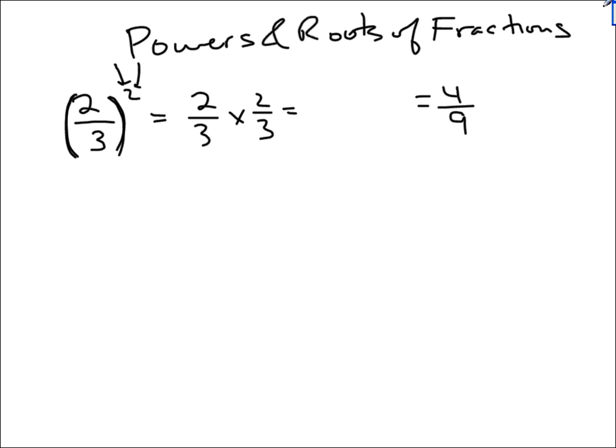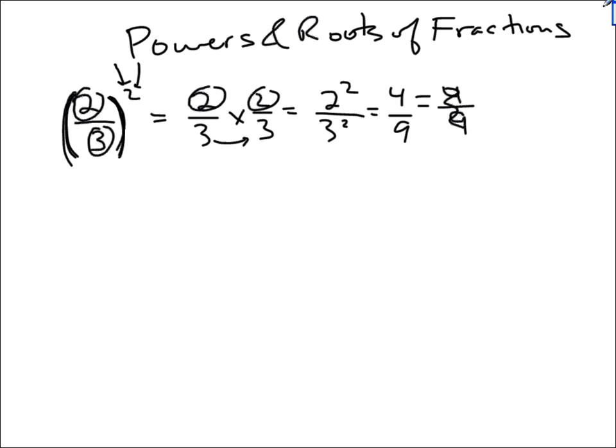But I'm also going to get 2 squared over 3 squared. If everything is in the brackets, you get to square the 2, and you get to square the 3. 2 squared is 4, 3 squared is 9. We got the same answer as before.